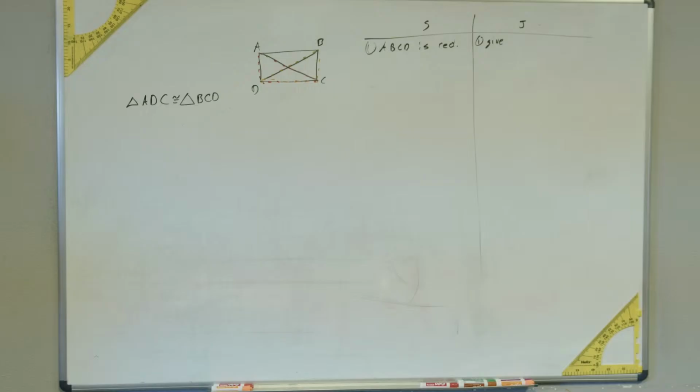Okay, so the sides are congruent. So specifically, which sides? AD and BC, sure, sounds great.